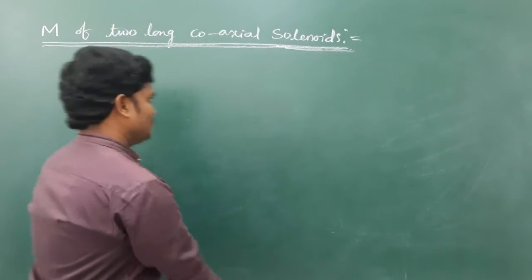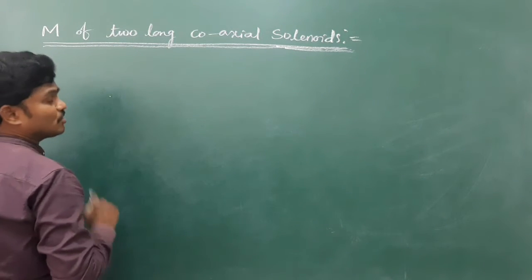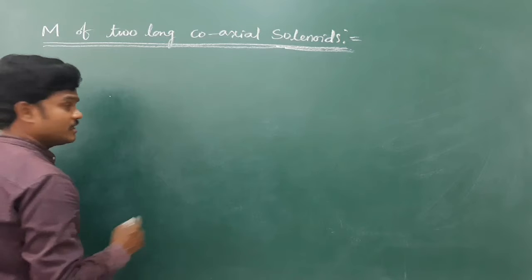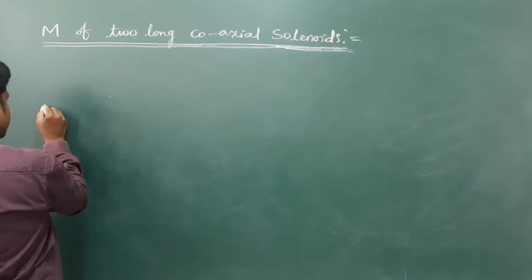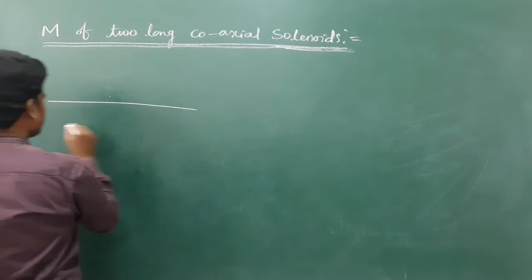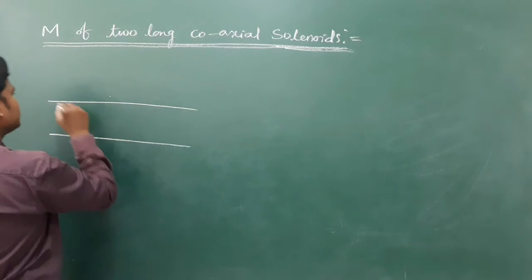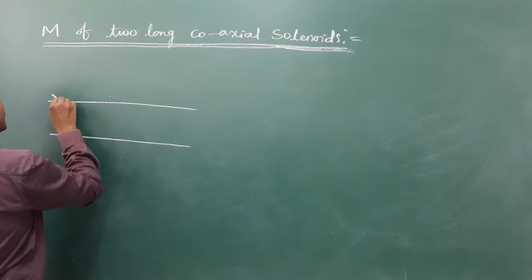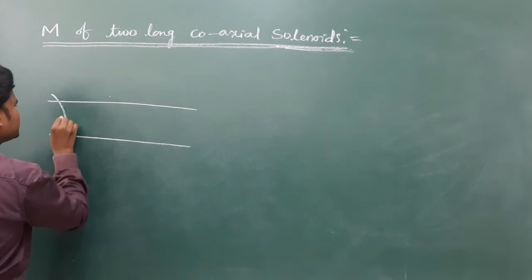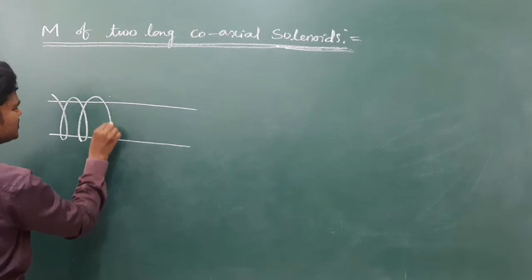Here let us consider two solenoids. Let me draw one solenoid like this. You know, a solenoid means a thin insulated copper wire wound on a plastic pipe, otherwise on an ebonite pipe. This is one solenoid.